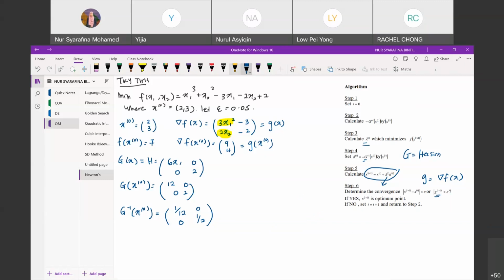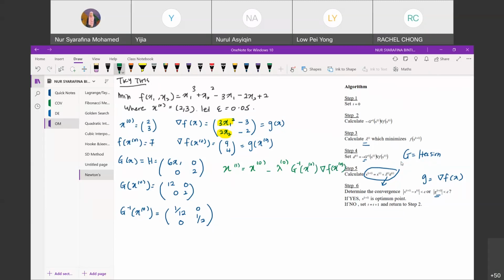So now we want to update. x1 is given by x naught plus lambda naught d naught, which is x naught minus lambda naught times G inverse at x naught times the gradient of f at x naught.